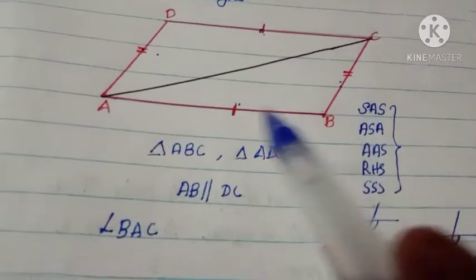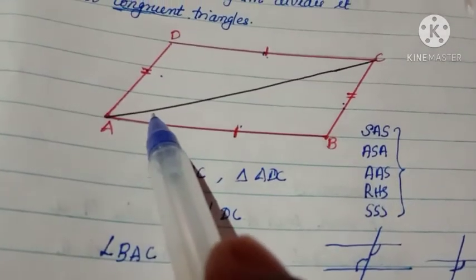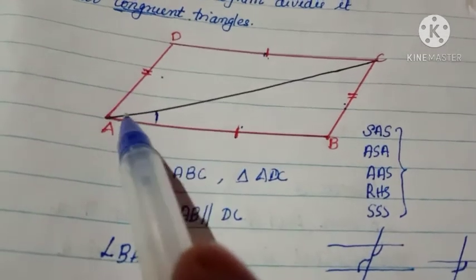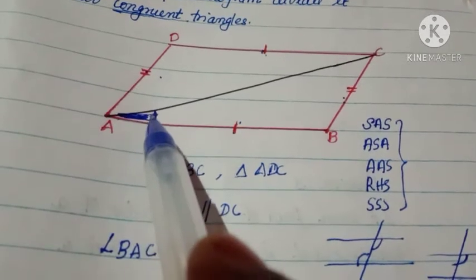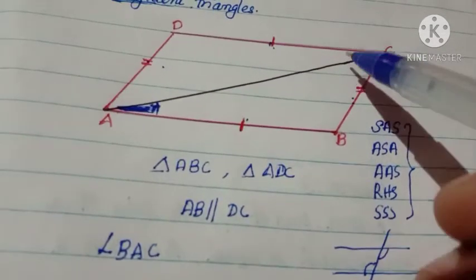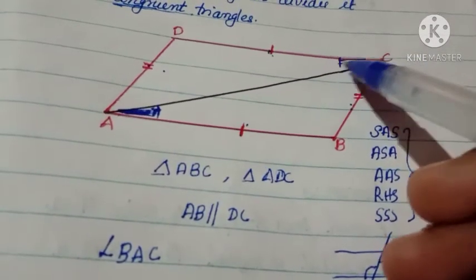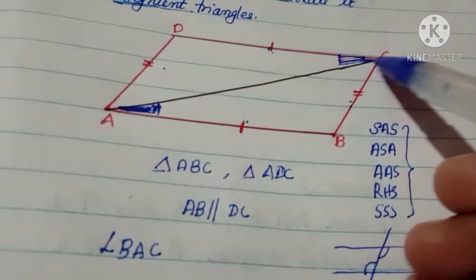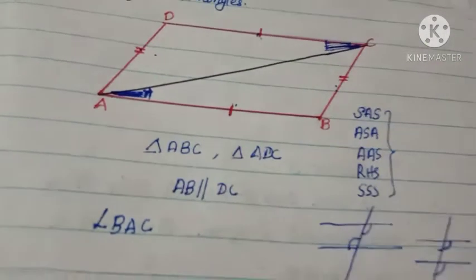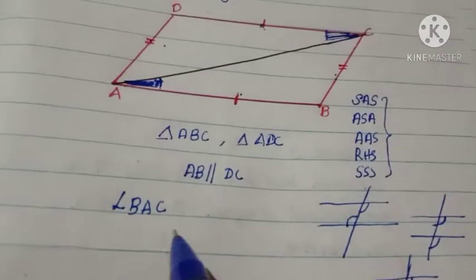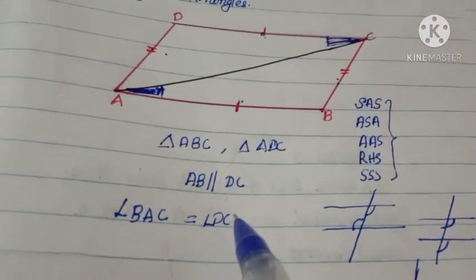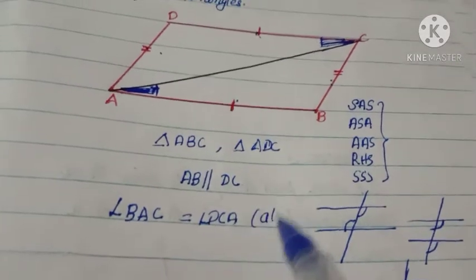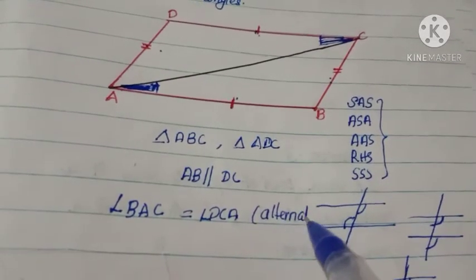What's the angle BAC? This one. Corresponding to this angle, what is the alternate pair? This one, angle DCA. So we can write angle BAC equals angle DCA. What is the reason? Alternate angles.